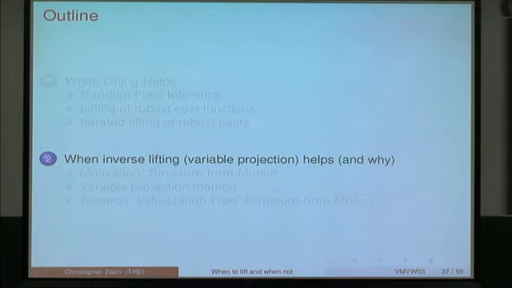I had a colleague in machine learning, and he said basically using more variables should always help, because you have more descent directions or more options to reduce your cost. But there's one particular instance of a problem in geometric computer vision where exactly the opposite was the case, and this was puzzling us for quite a number of years, and we got at least some reasonable understanding of what's happening there.